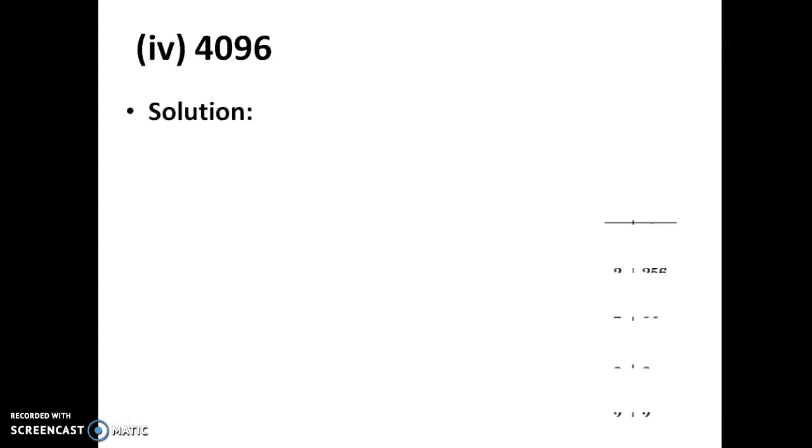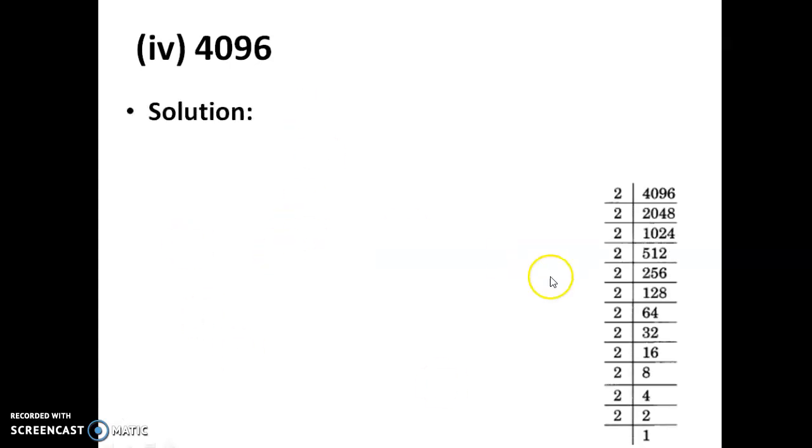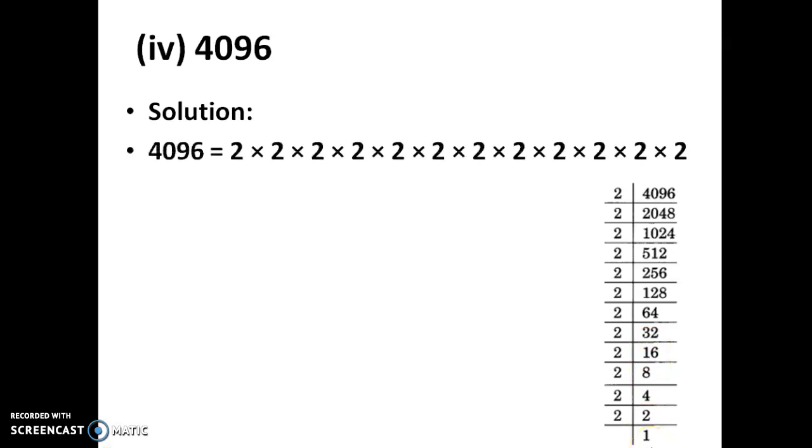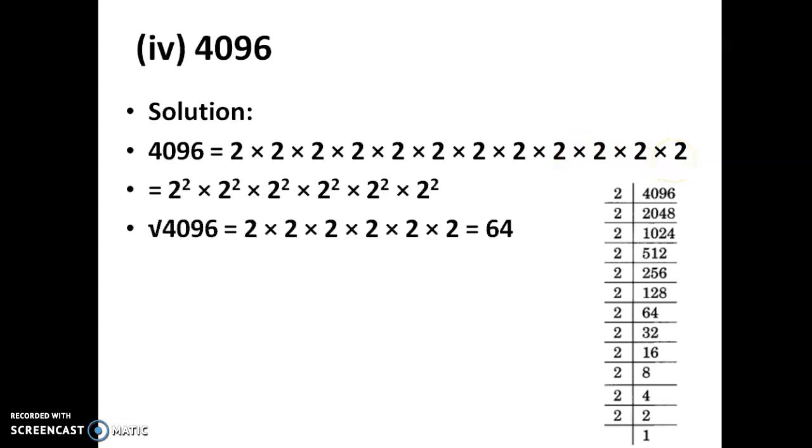Next problem, 4096. This number has the factor 2. If you do the factorization like this, you have so many steps here. Now you have to make the pairs. This is how you will write. Make the pairs 1, 2, 3, 4, 5 and 6. So 6 pairs you will have. So you will get 64.